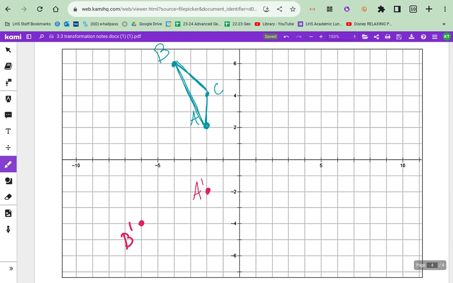And then for C, our original C was at negative 2, positive 4. So they'll switch to become 4, negative 2. So we've got negative 4, negative 2.